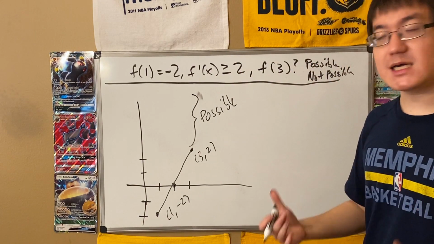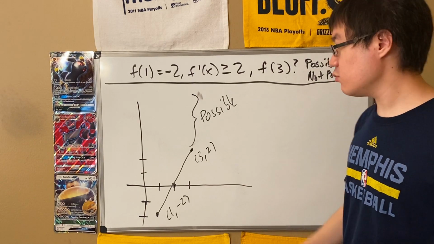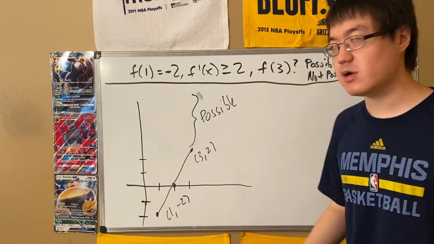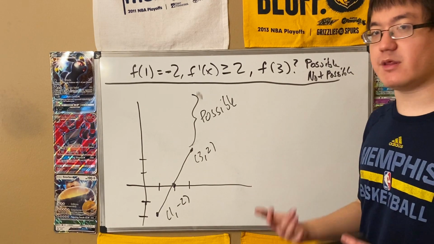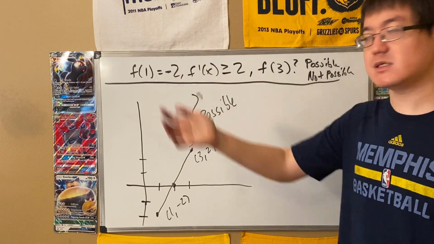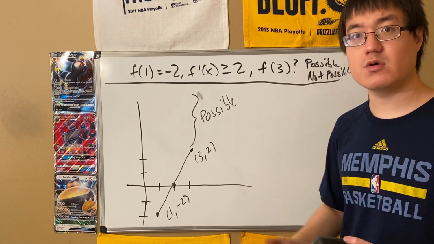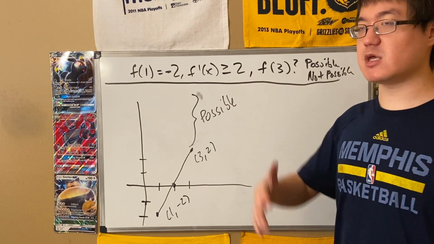So, for example, possible y values for f of 3, depending on whether the slope is greater than or equal to 2. Well, if it was equal to 2, we got to the y value 2. Other values that are possible are something like 4, if your slope is steeper than that, if your slope is greater than that. Same thing with 7, 12, 15, 100. Anything bigger than 2 or equal to 2 are the possible values. Now imagine that we have slopes that are not possible.